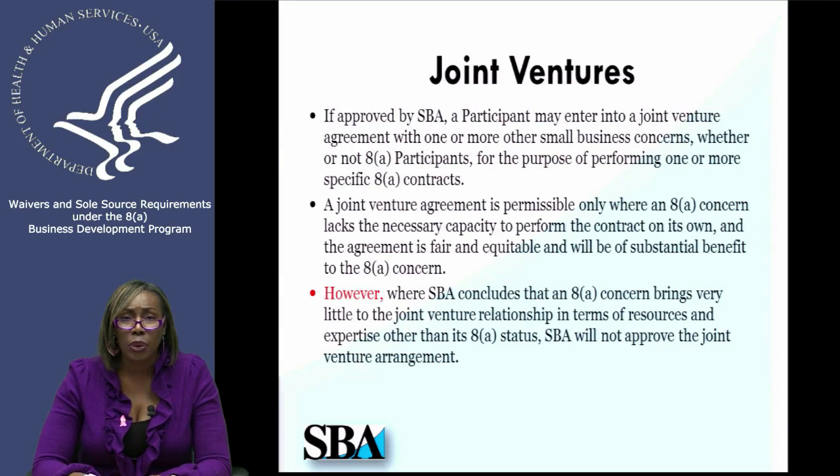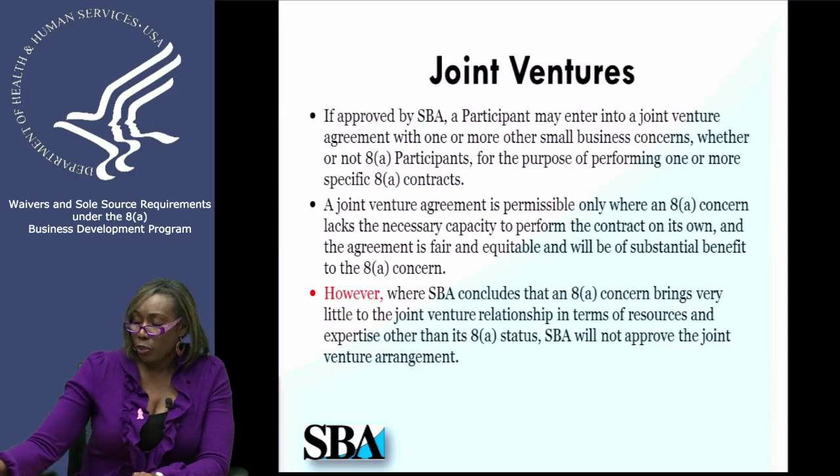However, where SBA concludes that an 8A concern brings very little to the joint venture relationship in terms of resources and expertise other than 8A status, SBA will not approve the joint venture arrangement. Again, that means that just because 2 firms submit for a joint venture does not mean that SBA will approve that arrangement.